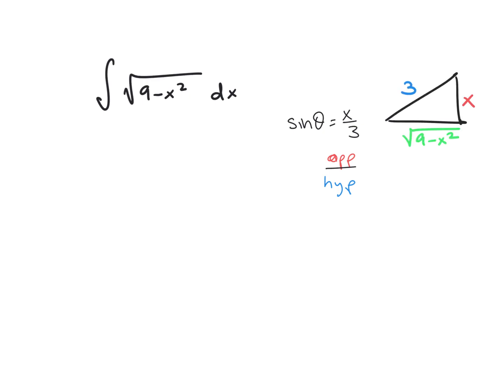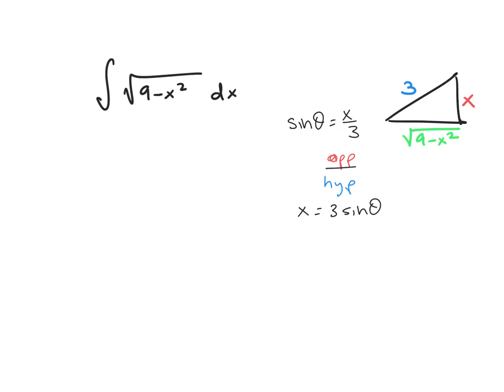So notice this thing is appearing in my triangle. That is no accident. That is actually exactly how I'm deciding to make this triangle. And then the other benefit here is that sine of theta being x over 3 means it's really easy to solve for x. In particular, x is just 3 sine of theta.